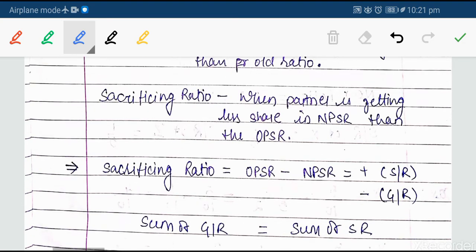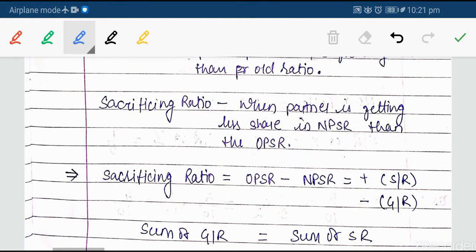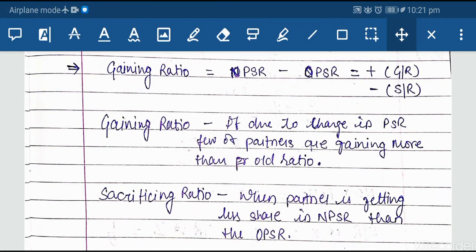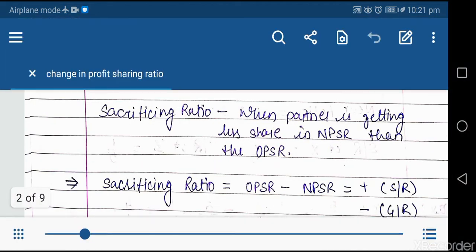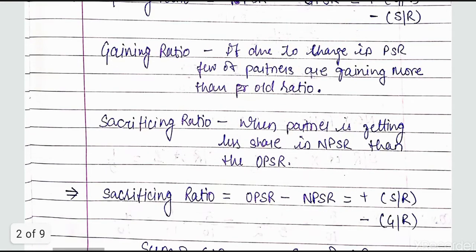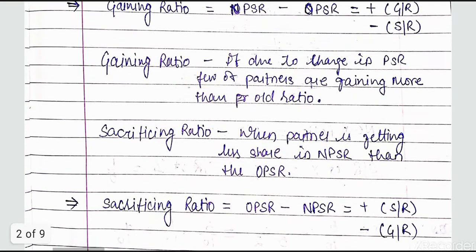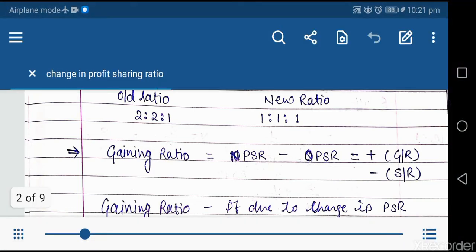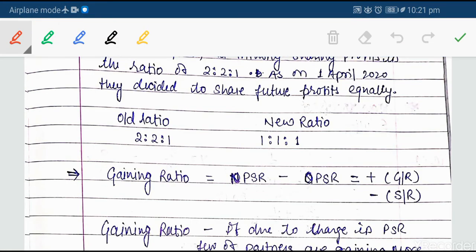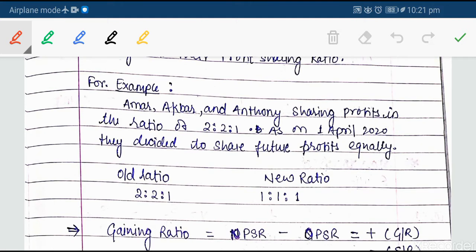Now moving to one of the questions, let's solve it to find out how to calculate the gaining ratio and the sacrificing ratio. For Amar I am calculating.